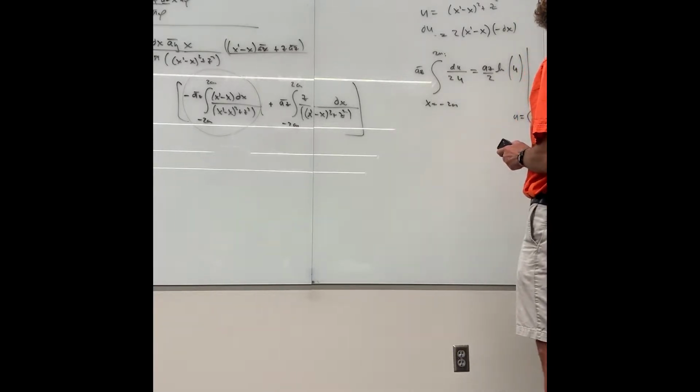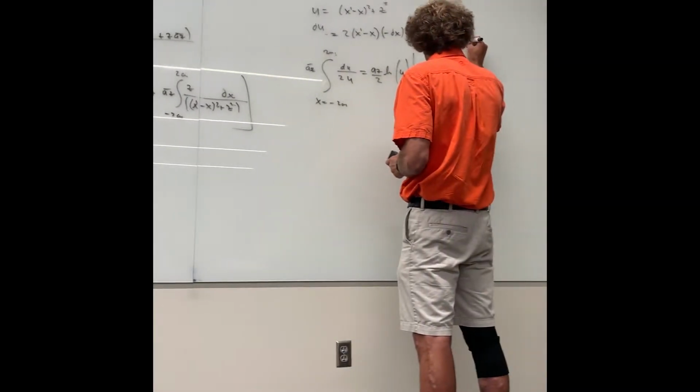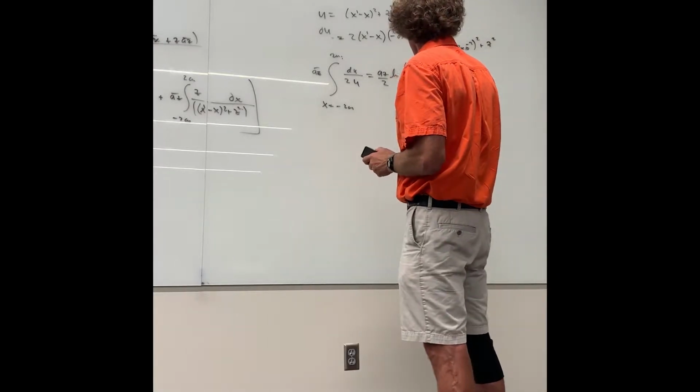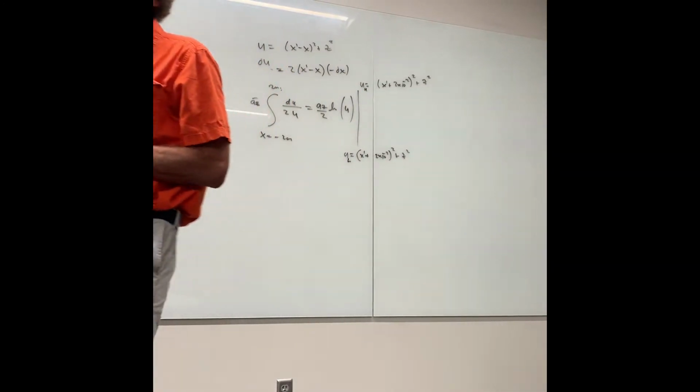That's what the lower limit is, and the upper limit would be u equals x prime plus 2 times 10 to the minus 2 squared plus z squared. So this would be lower, and this would be upper limits on this evaluation of the log. Do y'all agree with that, class?